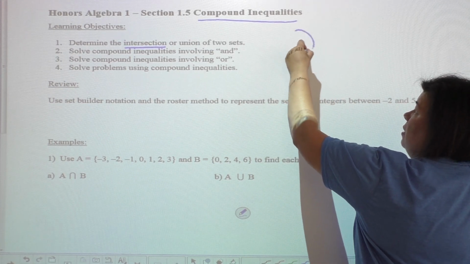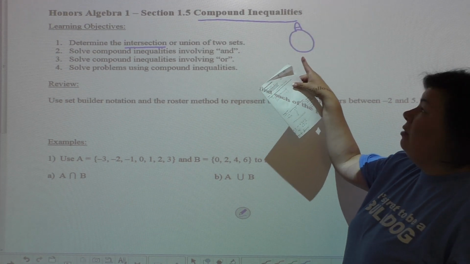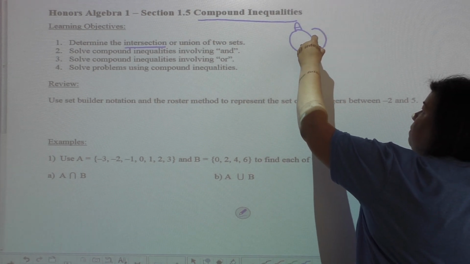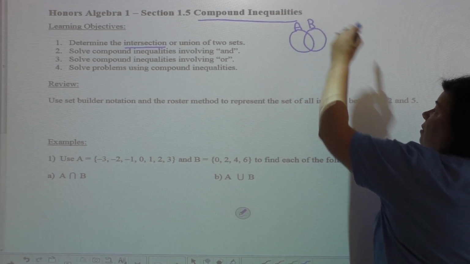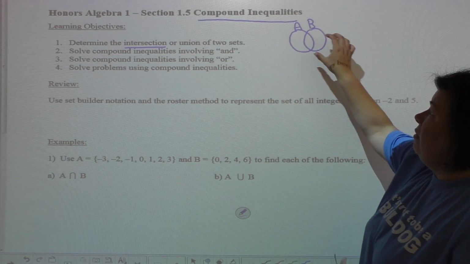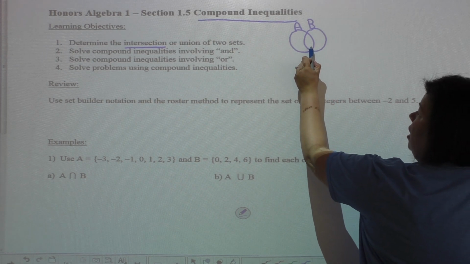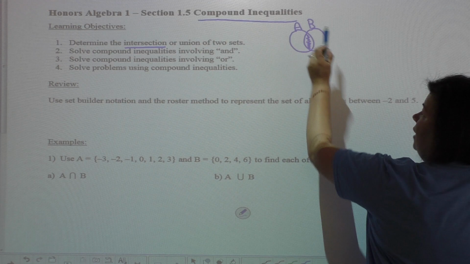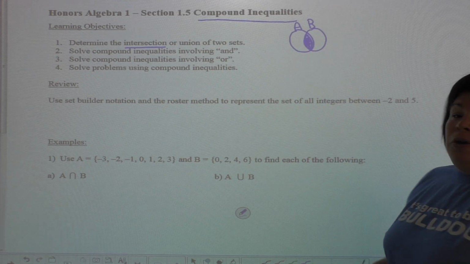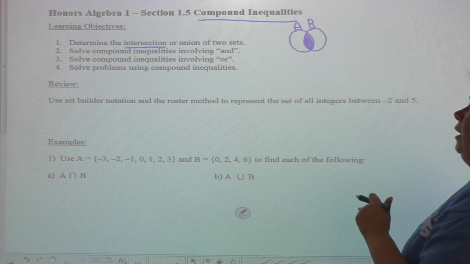So for example, if I have this set A represented by all the elements in the circle, and I have a set B represented by all the elements in this circle. The word intersection means where they intersect, where they overlap, where they meet. So I'm actually talking about all of these elements inside here, where set A intersects or overlaps with set B.